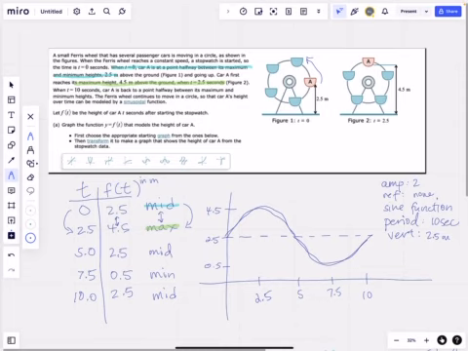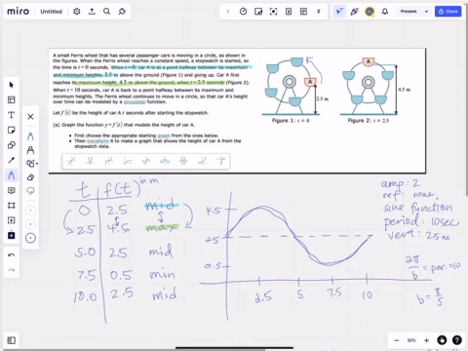And then if we wanted to actually write the function, we would need to figure out our b value. So 2 pi divided by b is equal to the period, which is equal to 10. And so b would equal pi over 5.